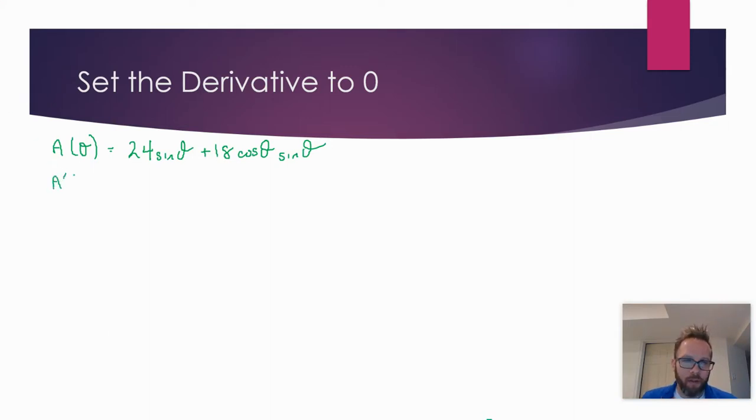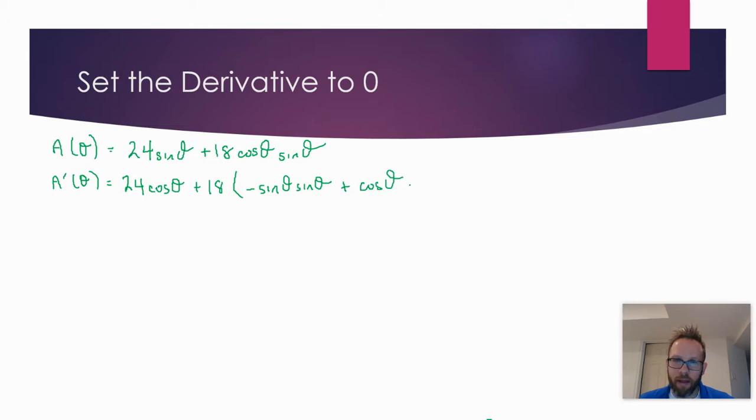So let's find the derivative, A prime of theta. The first bit's not bad, the derivative of 24 sine theta is 24 cos theta. And then we have to use the product rule for the last bit. So I can just leave the 18 out of it. And so the derivative of cosine theta sine theta, product rule: the derivative of cosine theta is minus sine theta times sine theta, plus leave the cosine theta alone.